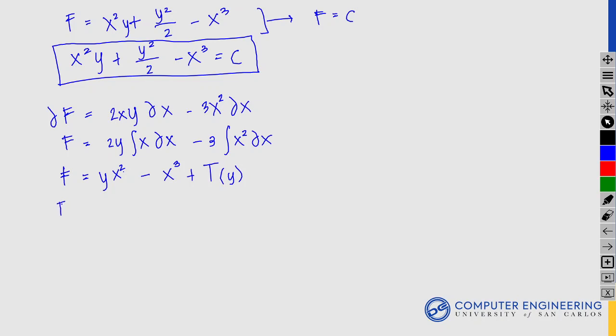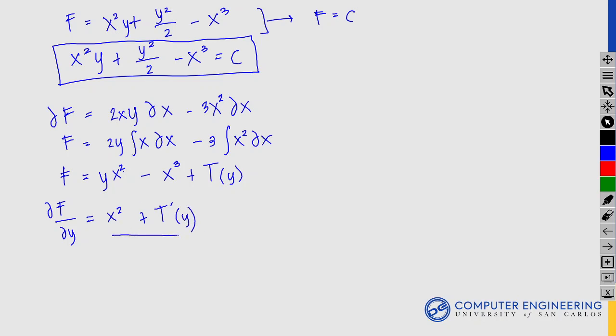We need to take the partial derivative of this again in terms of y. So we get x squared and 0 becomes t prime of y.